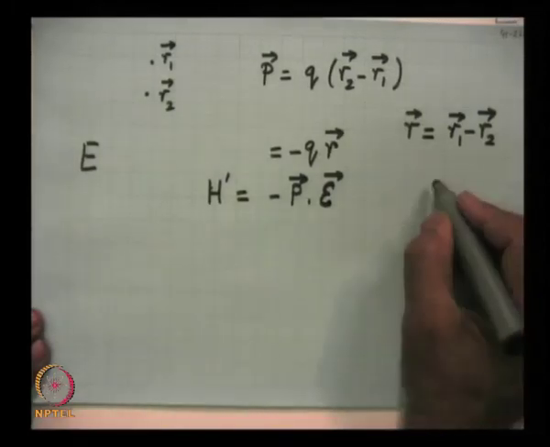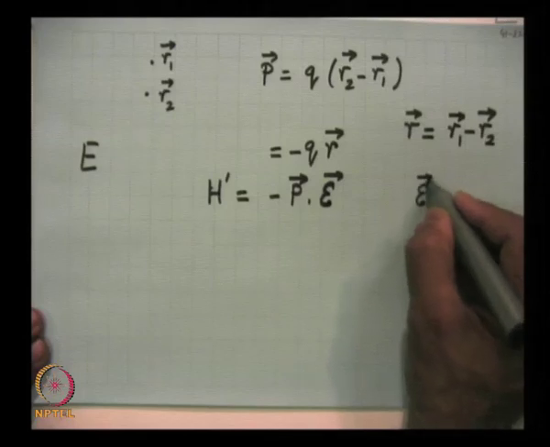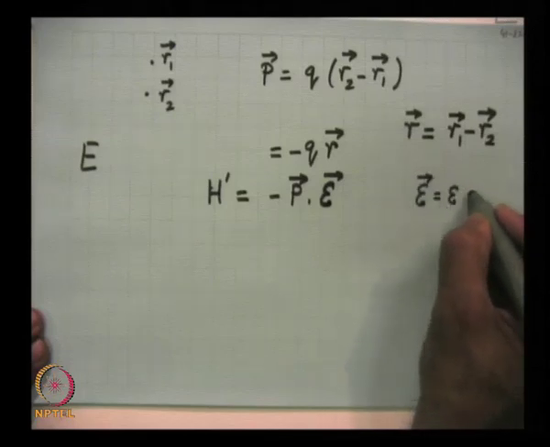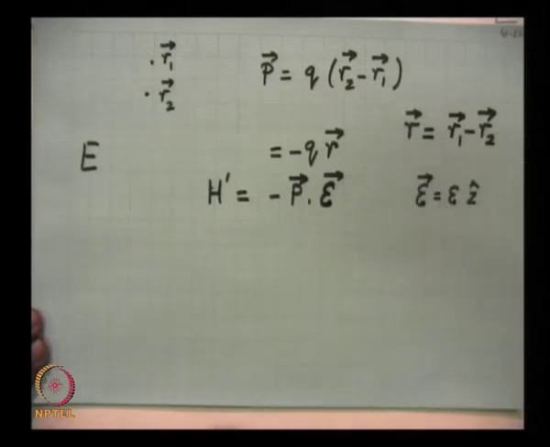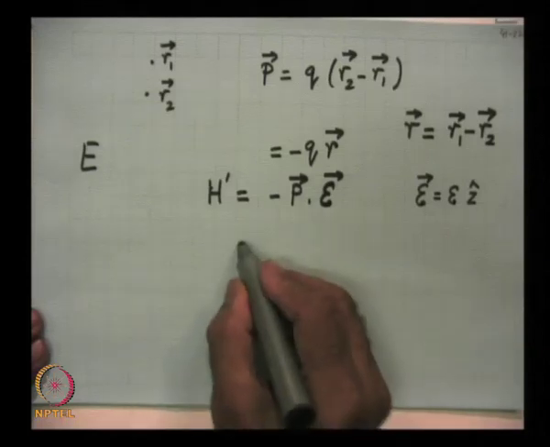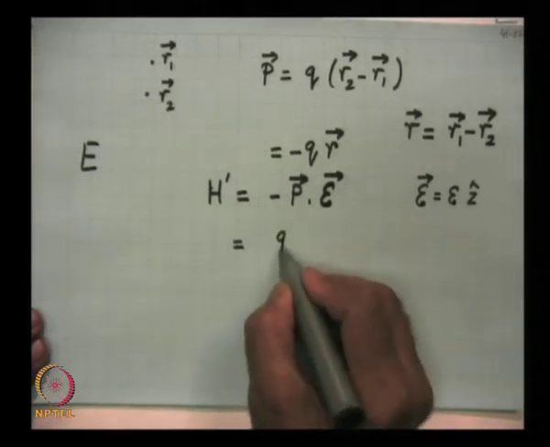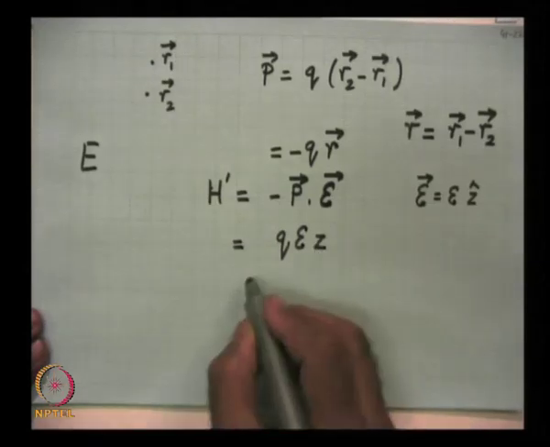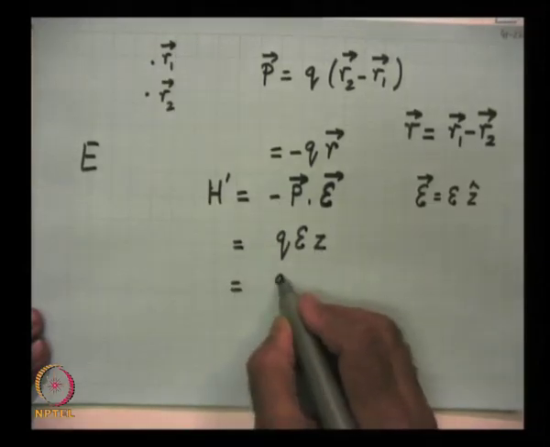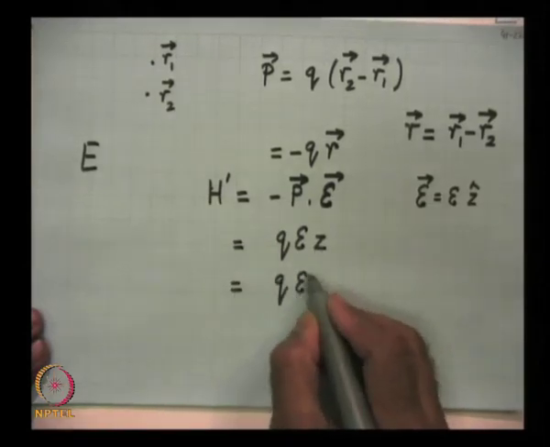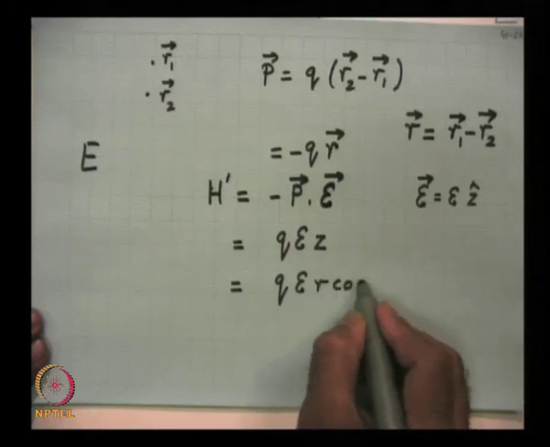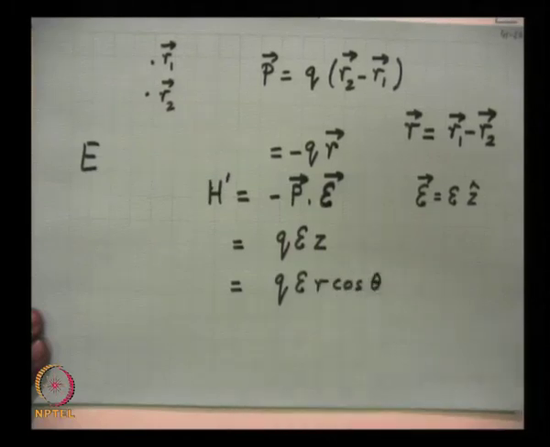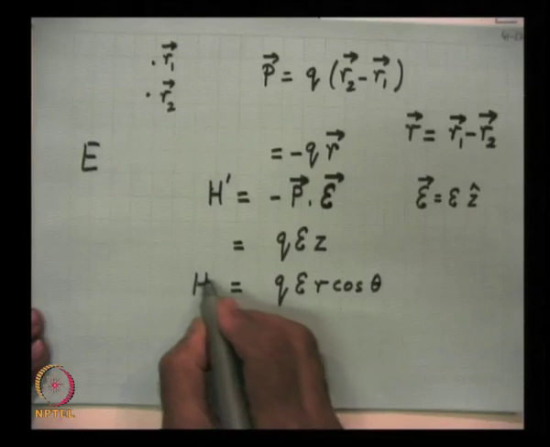Let us suppose the electric field is in the z direction, so the electric field is equal to the magnitude of the field in the z direction. So, the perturbation will be therefore q E z, and this z in spherical polar coordinates is just r cos theta. So, this is my perturbation.